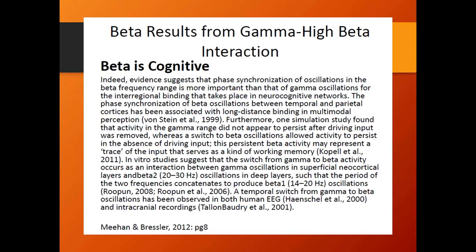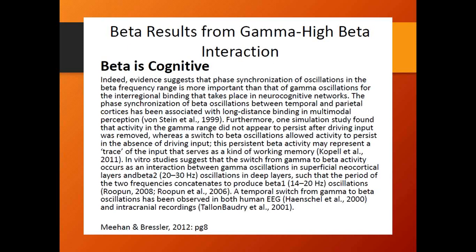Those of us in neurofeedback need to pay attention to what Meehan and Bresler are telling us here. Everybody says, "Oh, I'm going to train gamma, and gamma is so important." Well, gamma is important, but it's actually beta frequencies that are more important for interregional binding of cognitive networks. So when you're using your cognitive networks, it's beta.